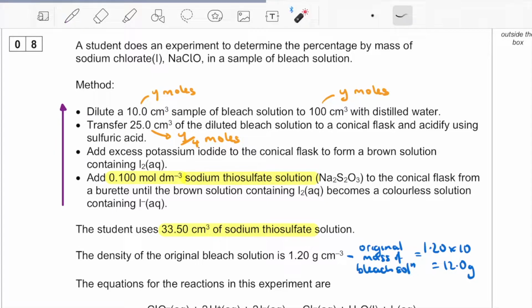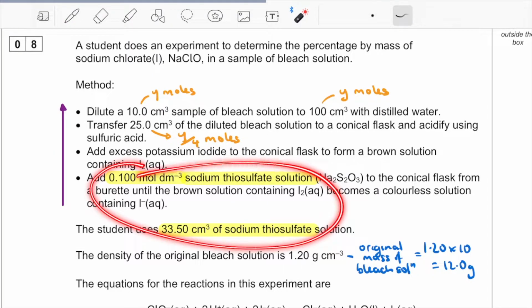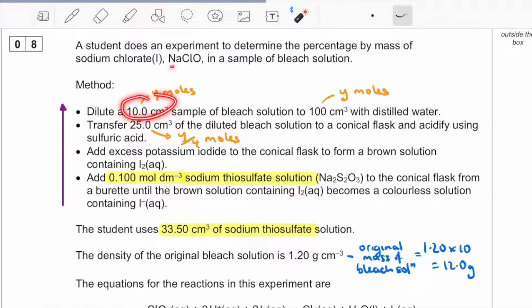So we start with the information that we have at the end, and then we're going back to our original sample. So we have been given sodium thiosulfate. We are having to work out the percentage by mass of sodium chlorate, so the first thing we need to know is how much sodium chlorate there is.